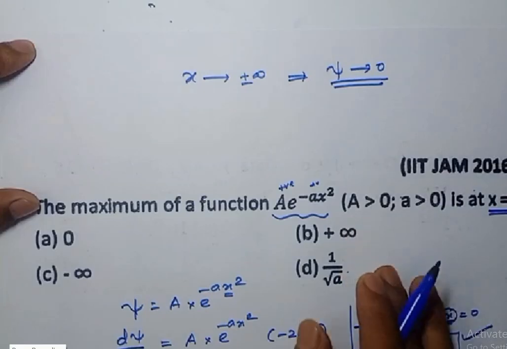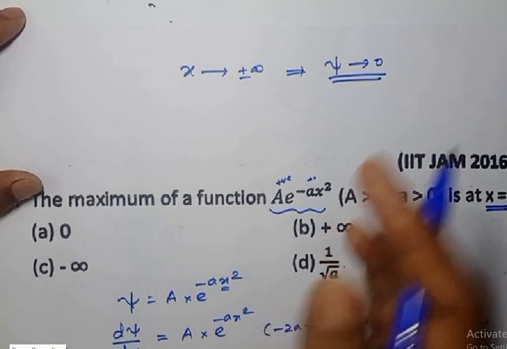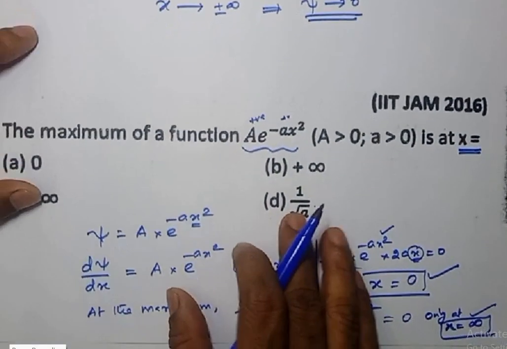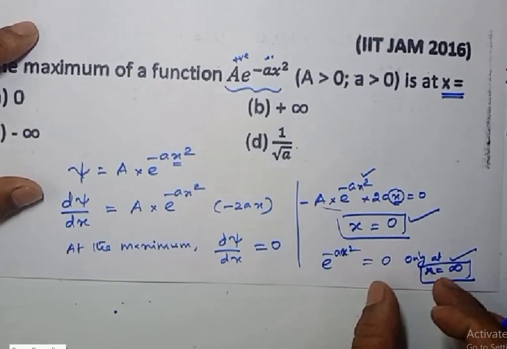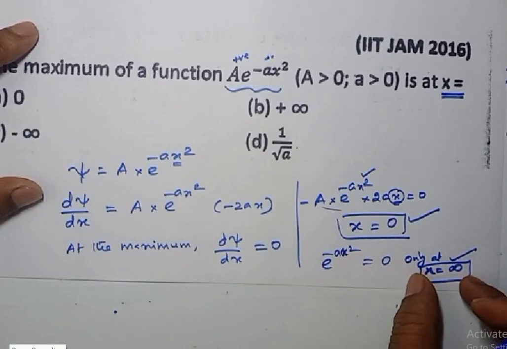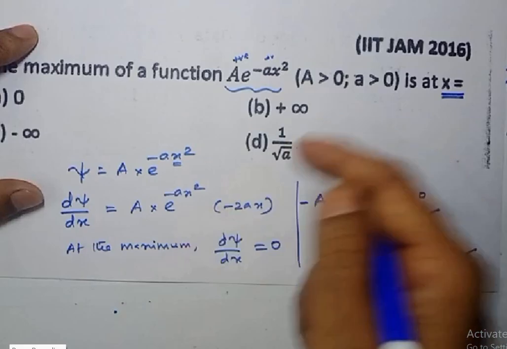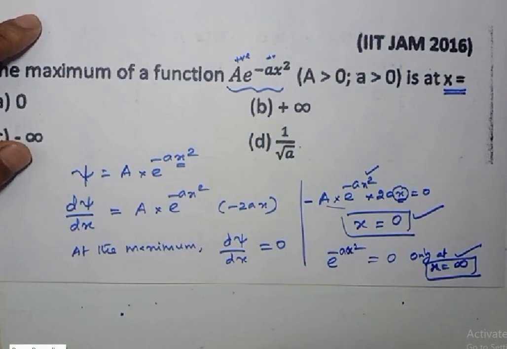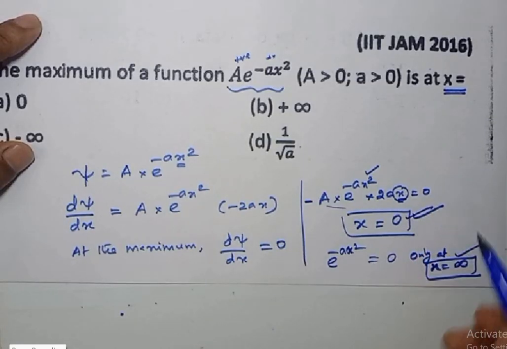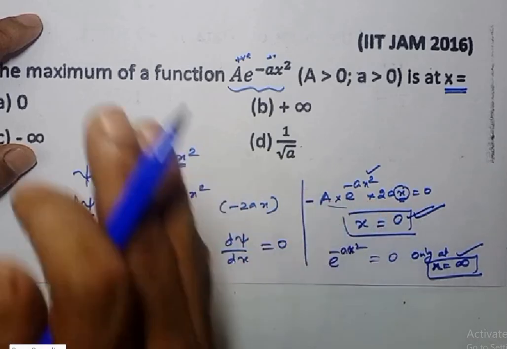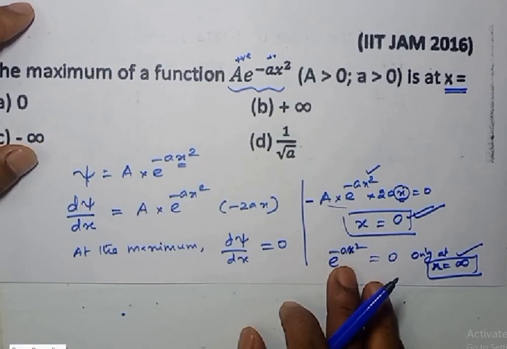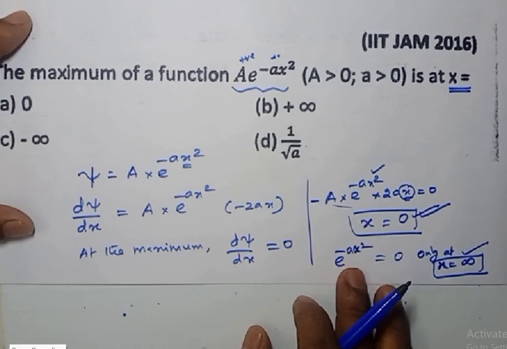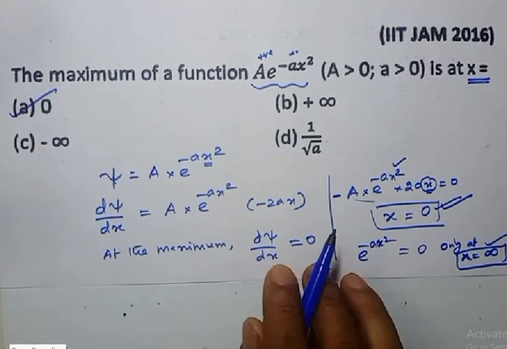That wave function should vanish. It cannot be maximum. So, though mathematically we get a maximum at x equal to infinity, for a wave function this is not allowed. So the only allowed condition is x equal to 0. At x equal to 0, you will get the maximum. So the correct option for this question is option A.